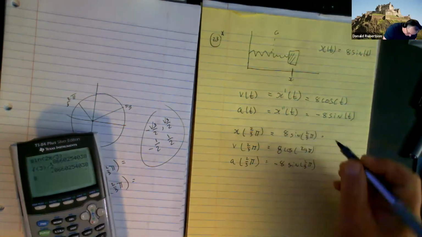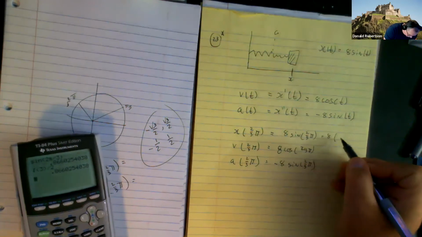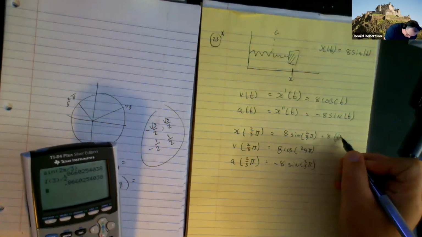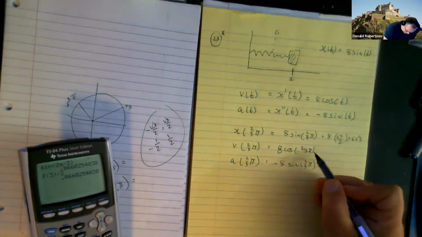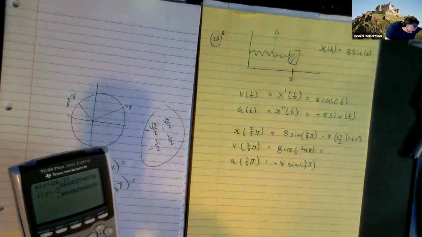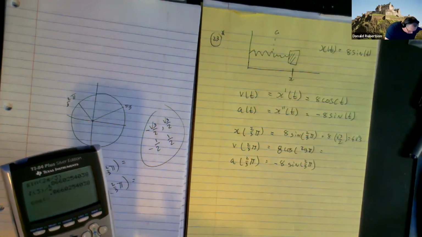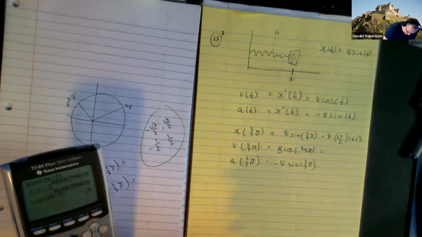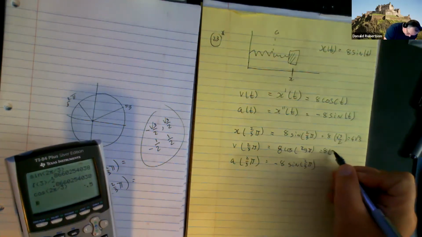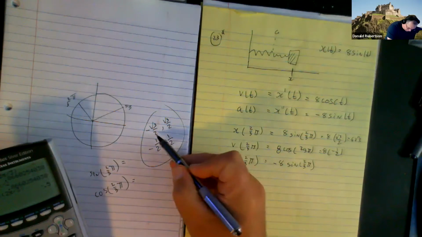So this guy is going to be 8 times √3/2, which gets you 4√3. This guy, let me show you, cosine of 2 pi divided by 3. This guy gets you the negative 1/2 version. So remember, it's one of these 4.